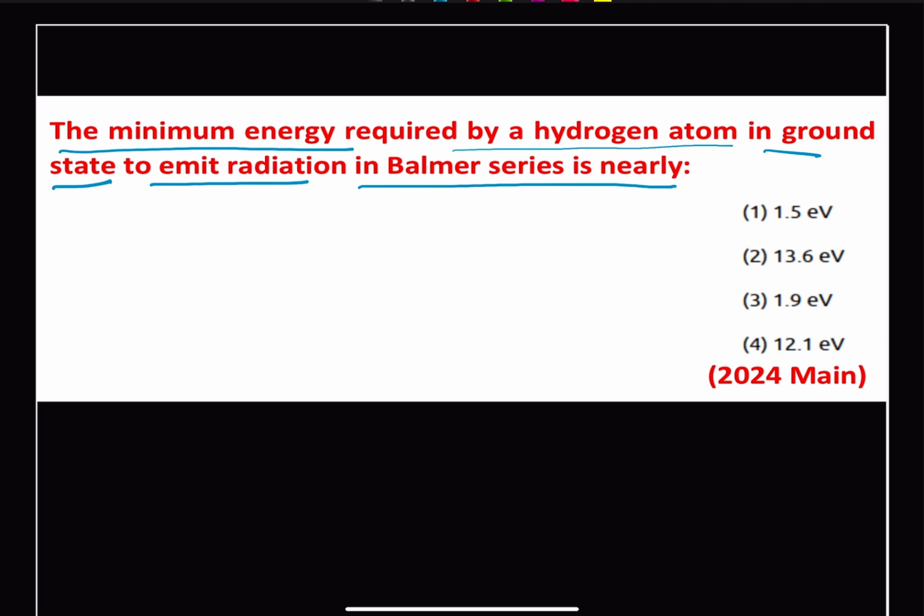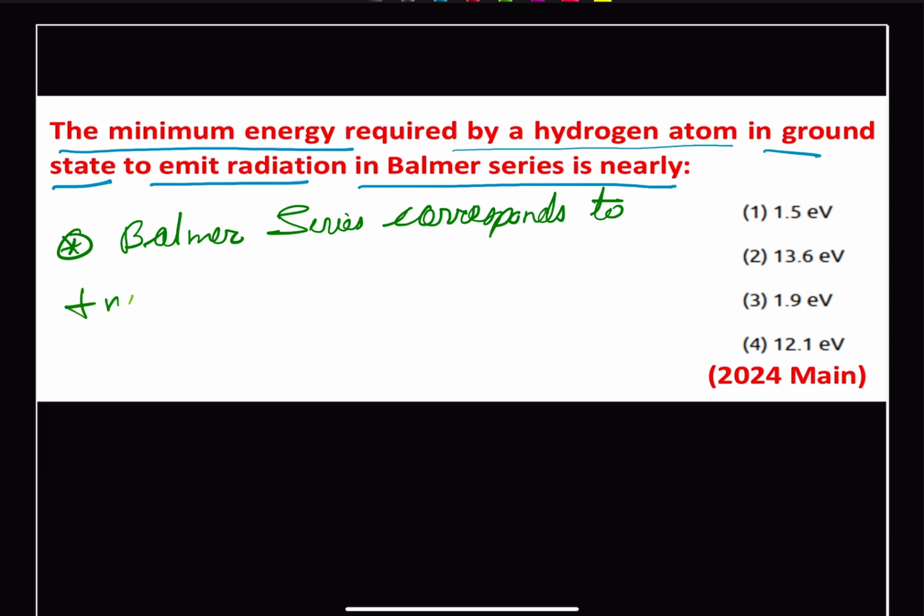So we can say that the Balmer series corresponds to transitions that end at n is equal to 2.